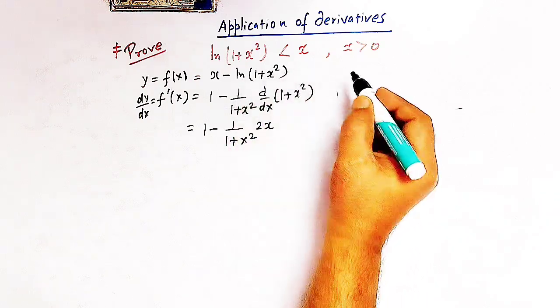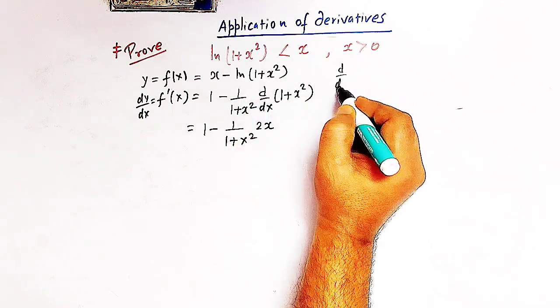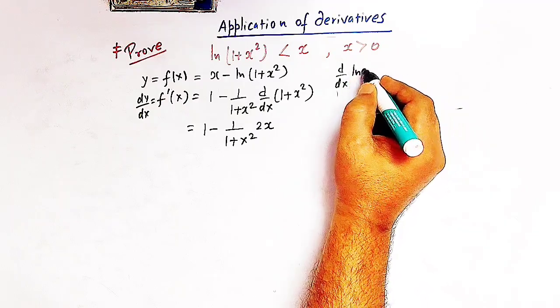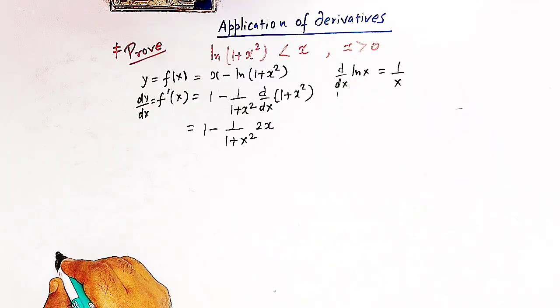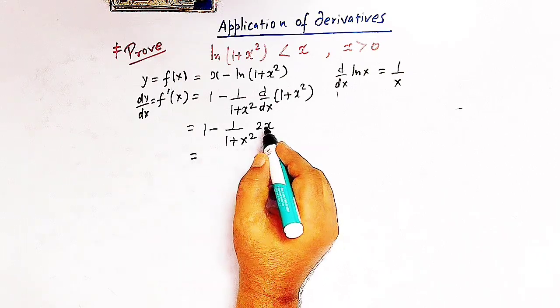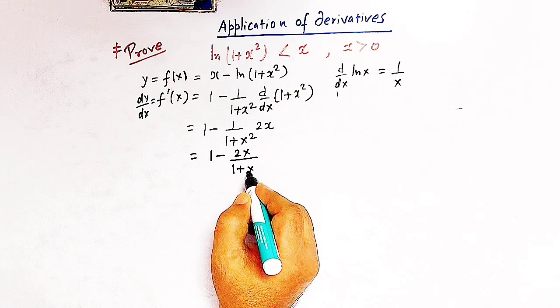And remember the derivative of log function, that is d by dx of log of x, is given by 1 over x. So now we have 1 minus 2x over 1 plus x square.